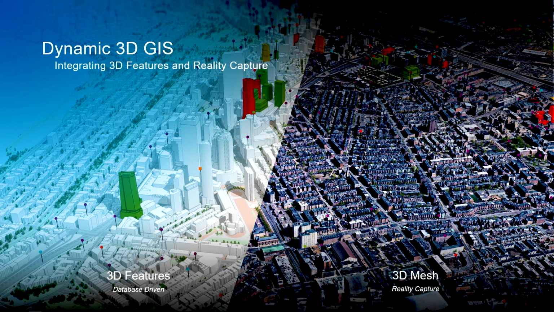It's worth taking a moment to discuss the power of combining database-driven 2D and 3D features with these 3D meshes generated by reality capture. These 3D textured meshes, which you can think about as a kind of 3D images, bring full visual reality and a high level of detail to the table.